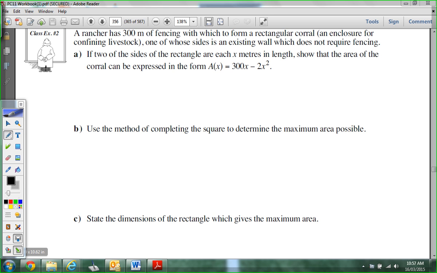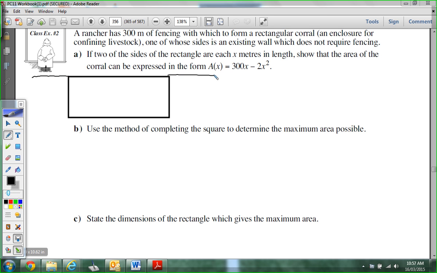So if 2 sides of the rectangle are each x meters, show the area of the corral can be expressed by (300 minus 2x)x. So what we know is, actually let's go ahead and steal this here. And here, this is my existing wall.